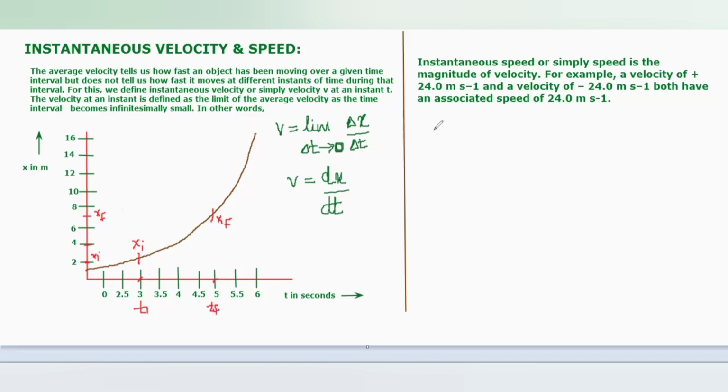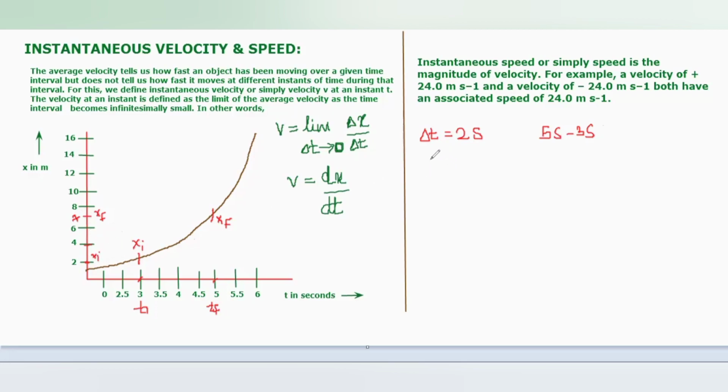Here we are considering delta t equal to 2 seconds, from 3 seconds to 5 seconds. The final position is approximately 7, and the initial position is 2.